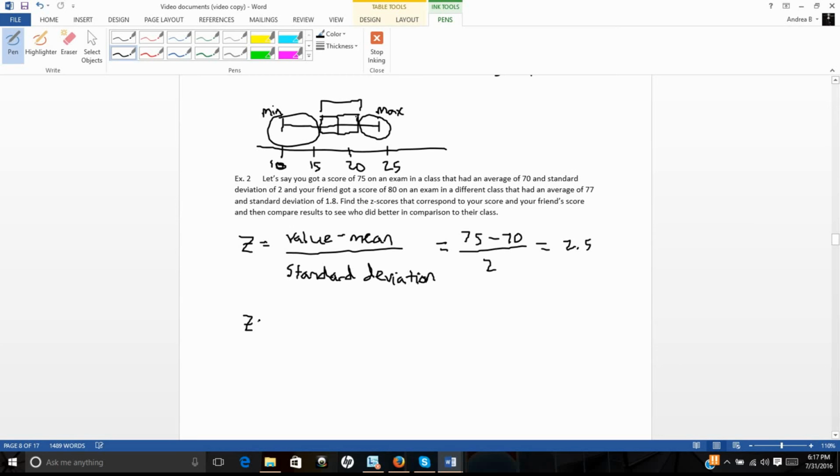And then here, for your friend, so this one was for you, so we'll write down "you" beside it to remind you this was supposed to be for your friend. Same calculation, you do your value, so the value of your friend, they had a score of 80, but your friend's class had an average of 77, just the mean, divided by the standard deviation for that class of 1.8.